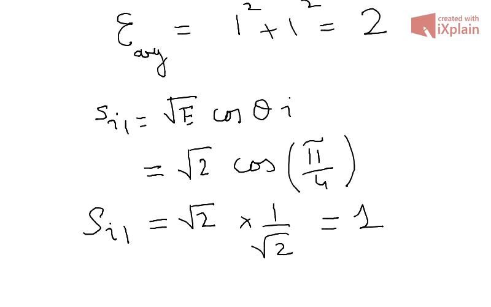Similarly, you can verify that your SI2 is also equal to 1, and this length is actually the energy of your QPSK signal point. So this is how we try to verify the signal energy.